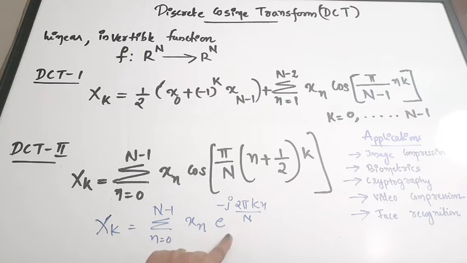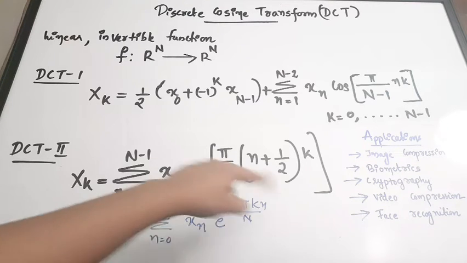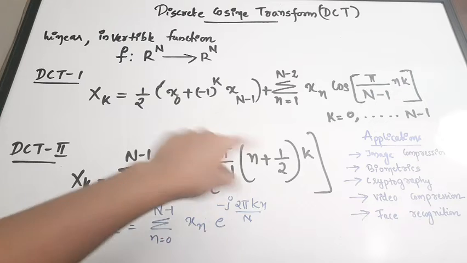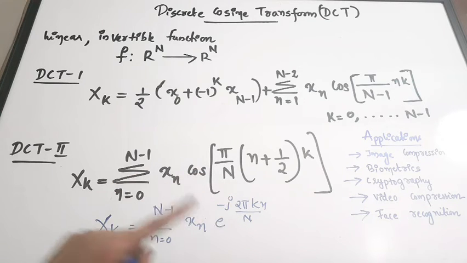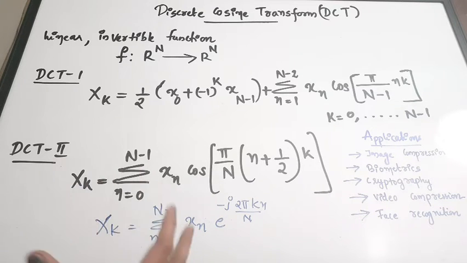You can clearly see that there is an e raised to term here. This e raised to term is cos of this term plus j sine of this term, or minus j sine of this term. Anyway, it is a complex term; it has an imaginary part also. So if you take the DFT, the output you get is a complex variable or a complex expression.